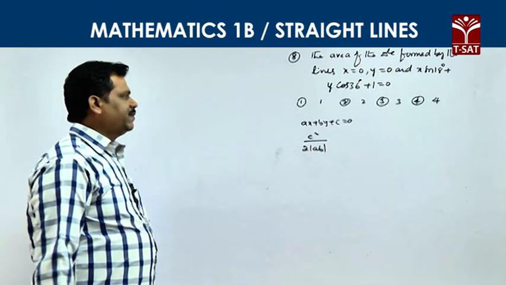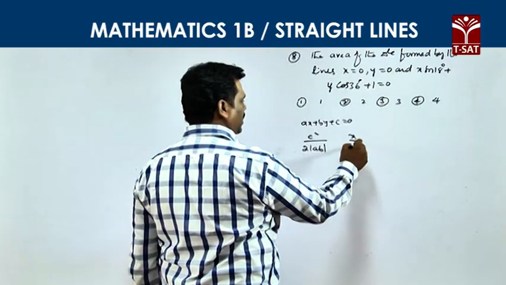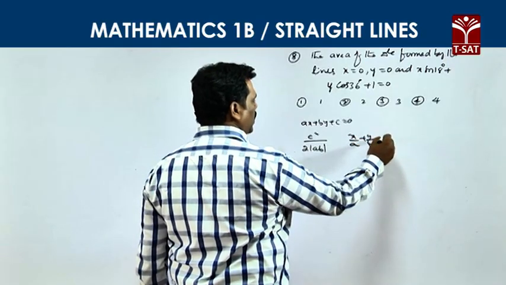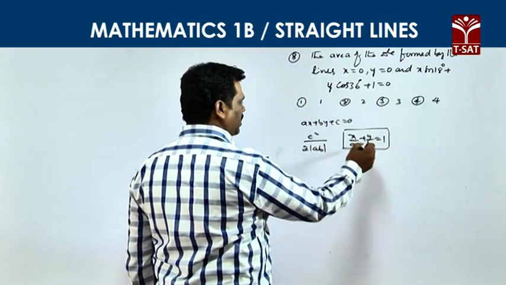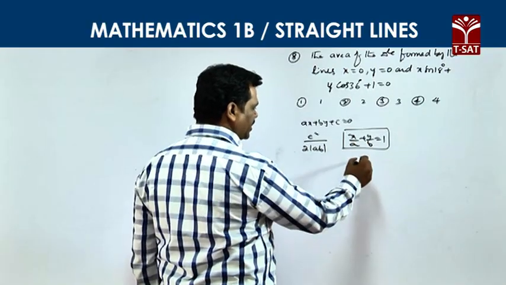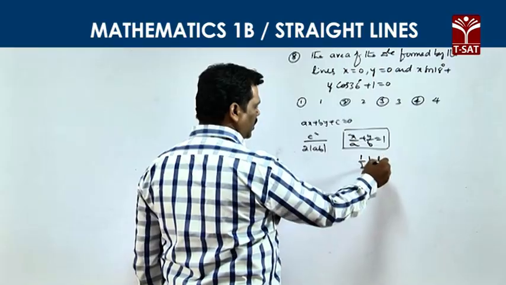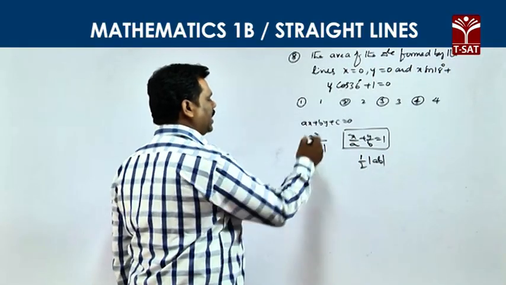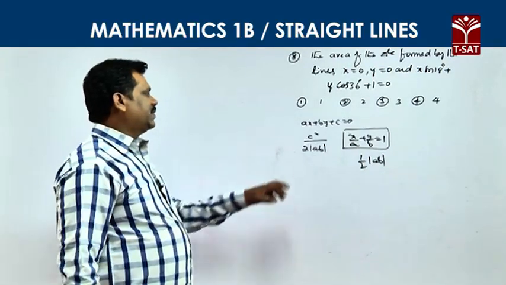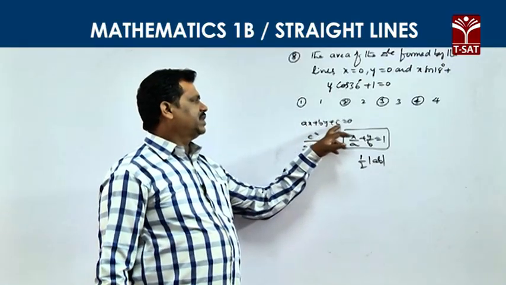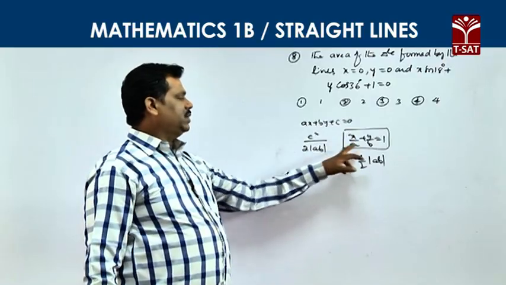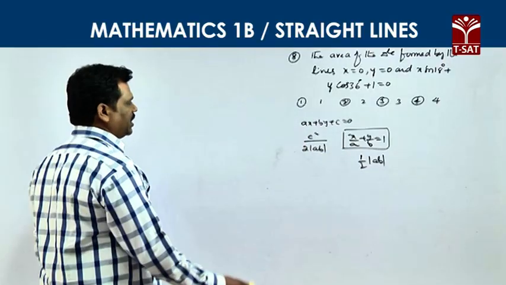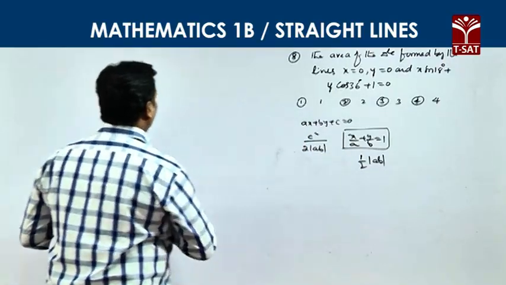The area of the triangle formed by the straight line x/a + y/b = 1 on the coordinate axes is |ab|/2. This is the intercept form. This is the general equation of a straight line, ax + by + c = 0.